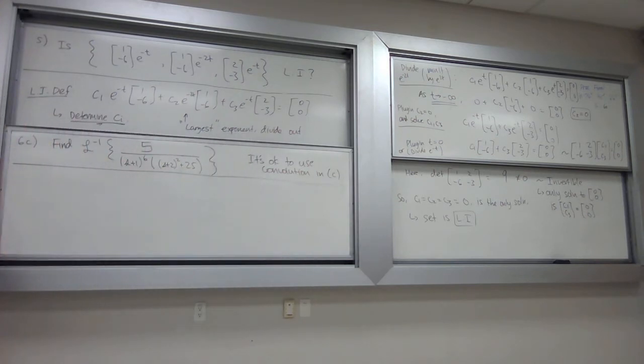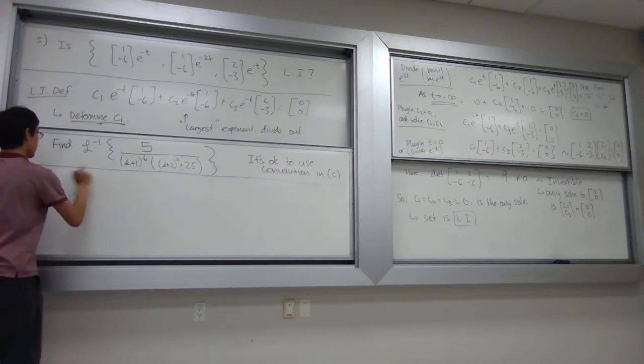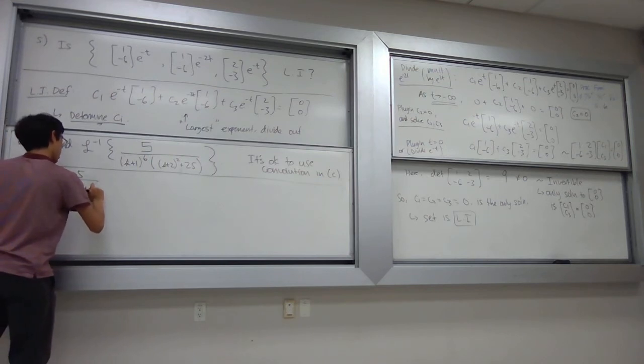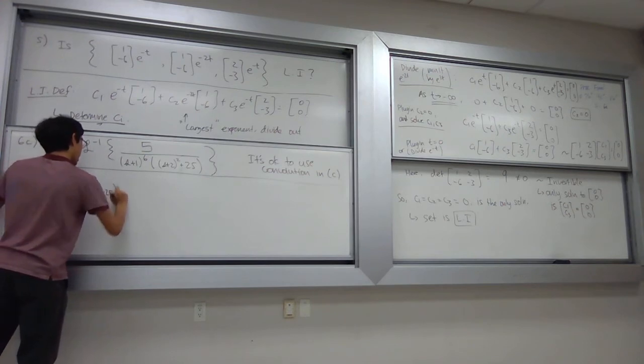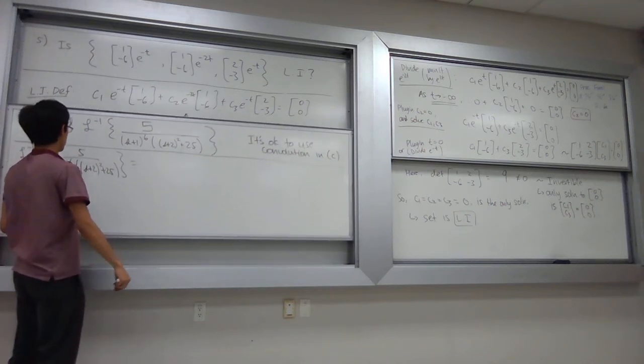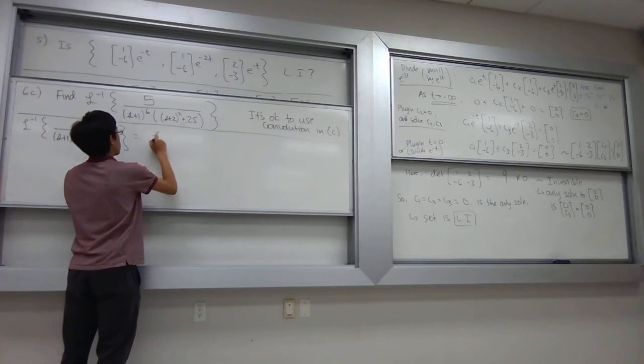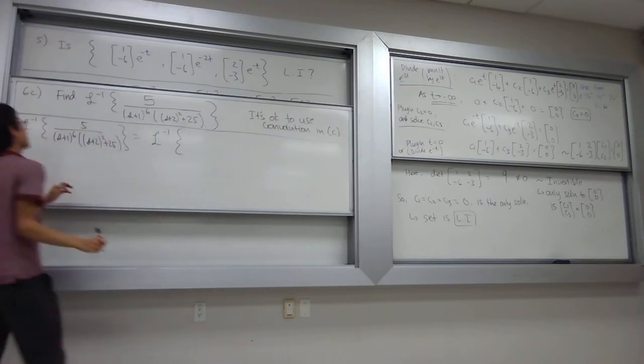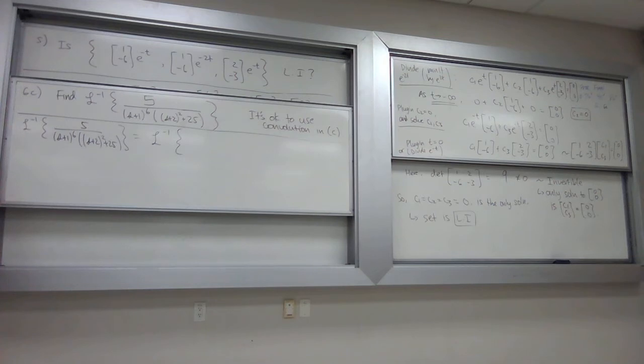Okay. So that's kind of already a hint. You're going to set this up as a convolution, right? I'm just going to copy the function again: 5 over (s plus 1) to the 6th. How do we want to reinterpret this in terms of a product of transforms? The constant is a tricky thing.